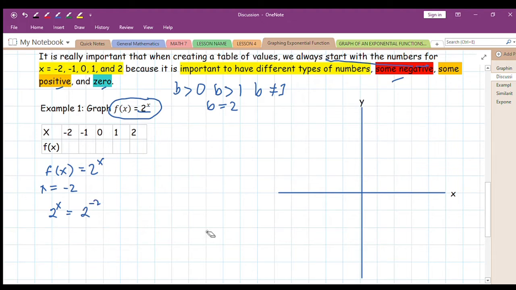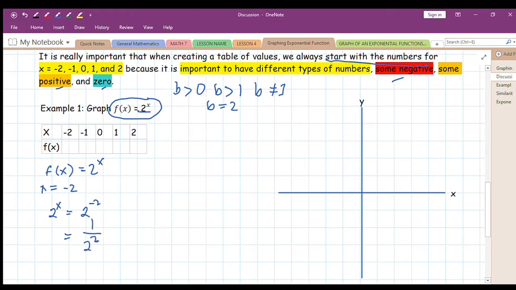And then now using our knowledge about the laws of exponent, we can now find the value of f of x here. Since we have a negative exponent of 2, we need to have the reciprocal of that.